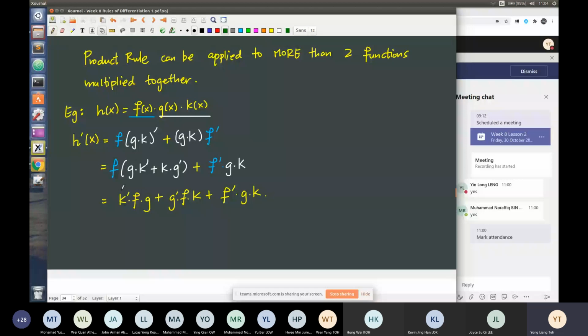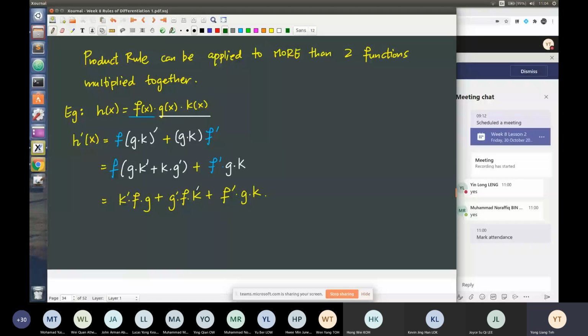The first one I differentiate k, the second one I differentiate g, and the third one I differentiate f. So it's like taking turns to differentiate each function and then summing them together. That's the product rule, and of course, you can extend to 4, 5, or more functions multiplied together in the same analogous fashion.